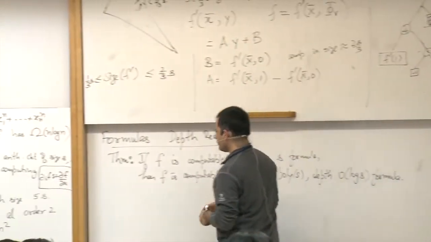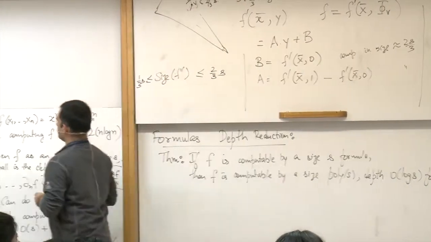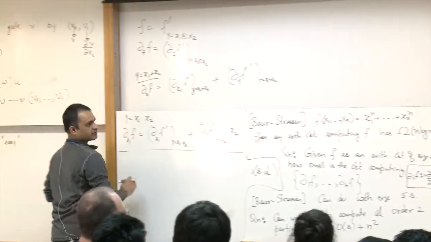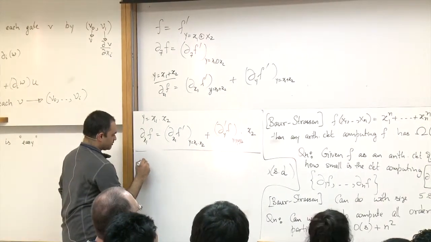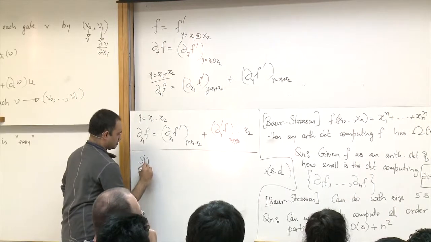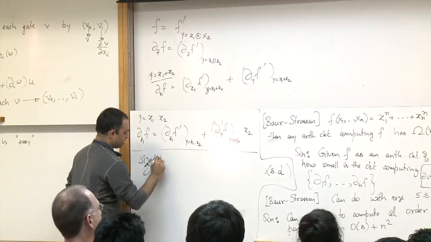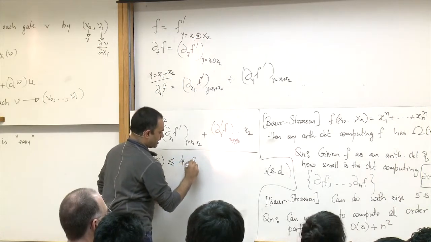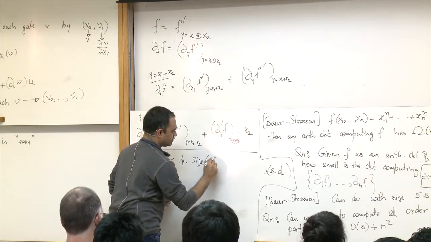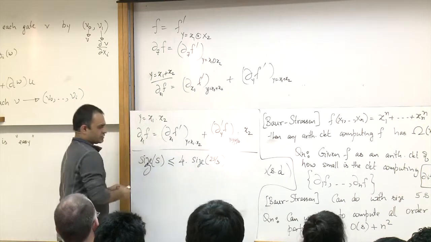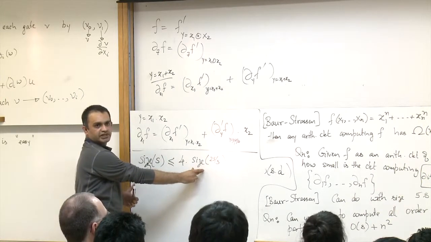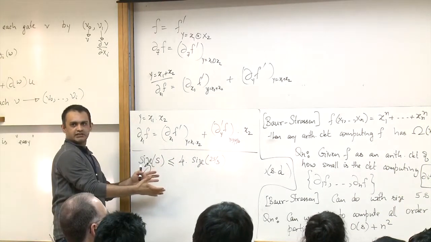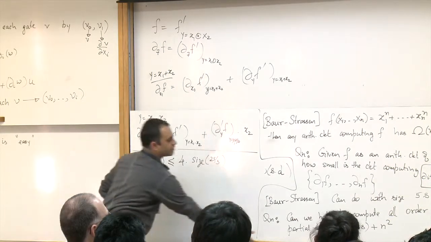Okay, so what I want to say is that the size of depth reduction of a formula of size s is bounded by 4 times the size of depth reduction at 2s by 3. By this, what I mean is, what is the size that I get when I depth reduce a formula of size 2s by 3? And I need to multiply that by 4.